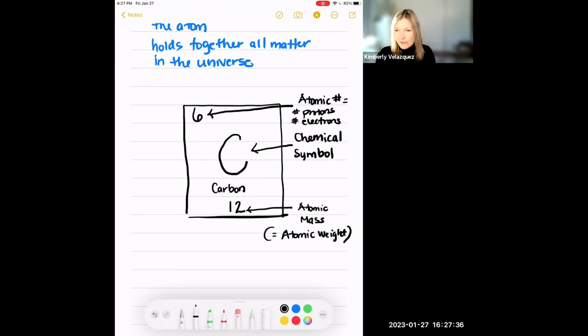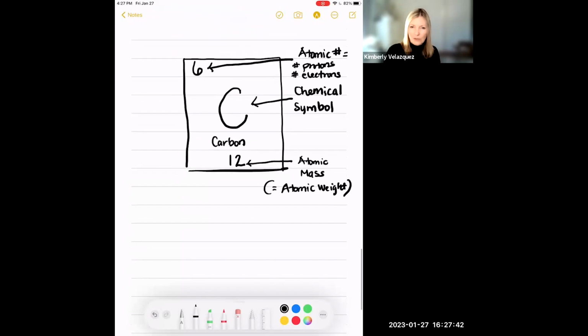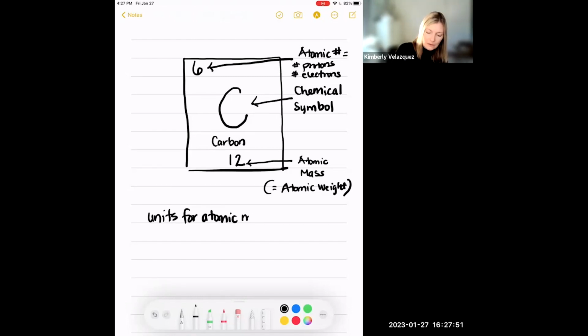Okay, what are the units? It's not grams. 12 grams is pretty heavy. It's something called atomic mass units or Daltons. So the units for atomic mass are most commonly abbreviated AMU, which stands for atomic mass units.